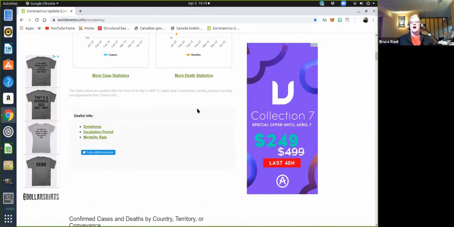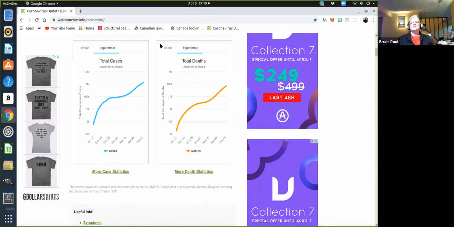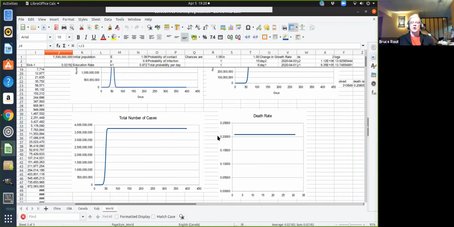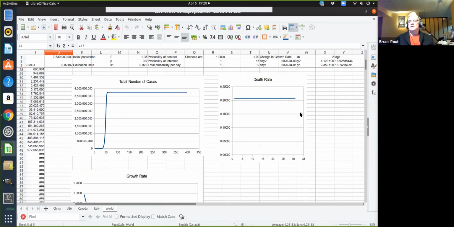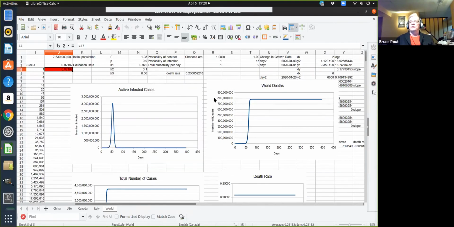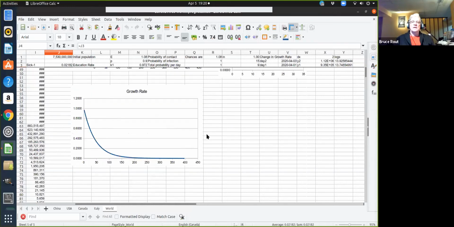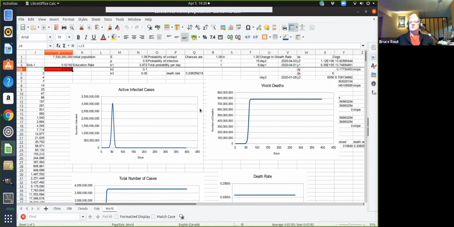Now that's about all I got on this one. So I now take these numbers and we throw it back into the model. So here we are, the model for the world. Basically, our death rate is costed about 23%. And the growth rate, there's been a slight change in the growth rate, which I gave the benefit of the doubt. So people are learning with about a 2%, I'll say, education rate.